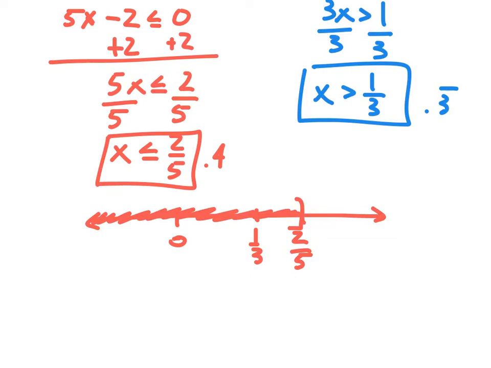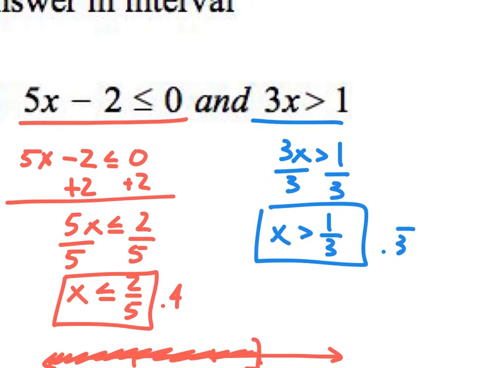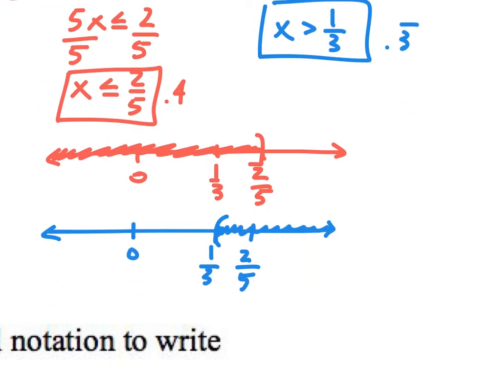If I graph the other one in blue, let me put my numbers down, 0, 1/3, and then 2/5. And if we're going to be greater than 1/3, we're going to have a parenthesis here and shade to the right. Now, we are dealing with an and, so we're going to include both of them. Where are they at?